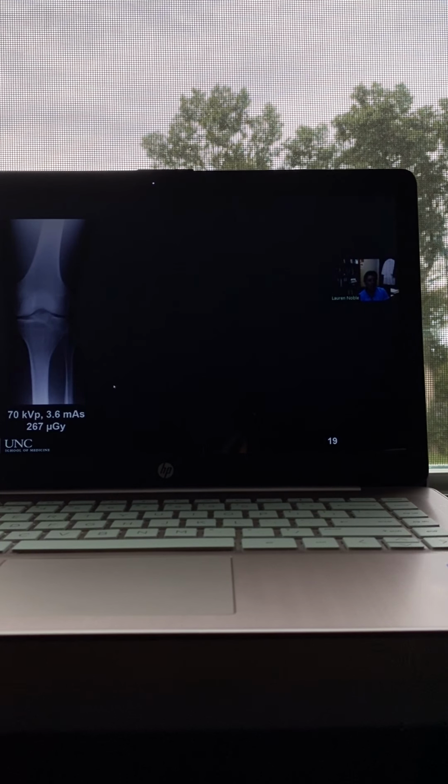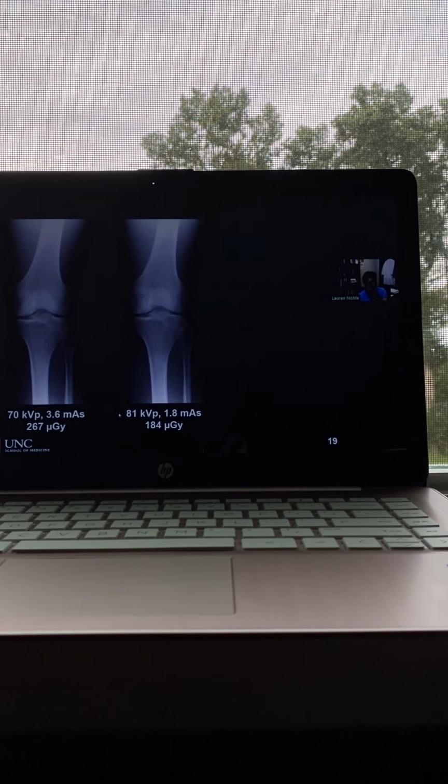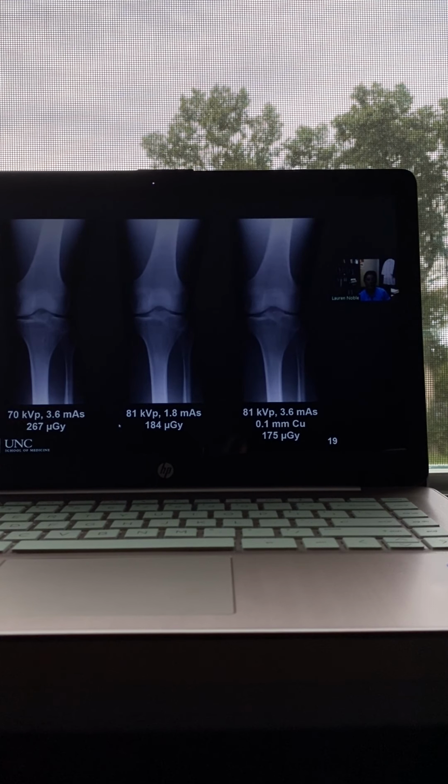Okay? And here's what the images look like. That's 70 at 3.6, 81 at 1.8, 81 at 3.6. Notice, even though the kVp went up, not a big difference in the contrast on these images.